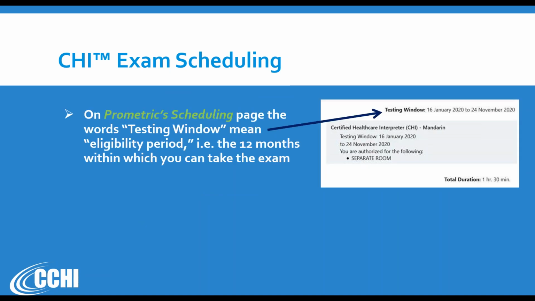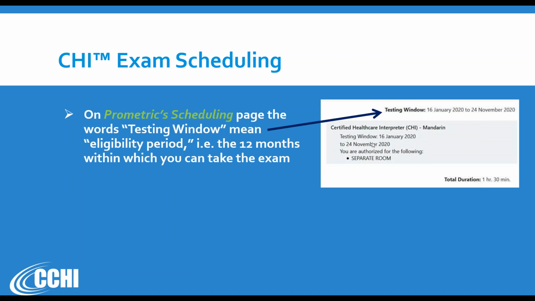Now, on Prometric's scheduling site, they also use the words testing window, but they have a different meaning. Isn't that funny? Words have different meanings, but I couldn't believe it when I saw it. When they say testing window on their part of the website, they actually mean your full eligibility. Like I just did a random search for one person, and their eligibility is from January 2020 through November 24th, 2020.